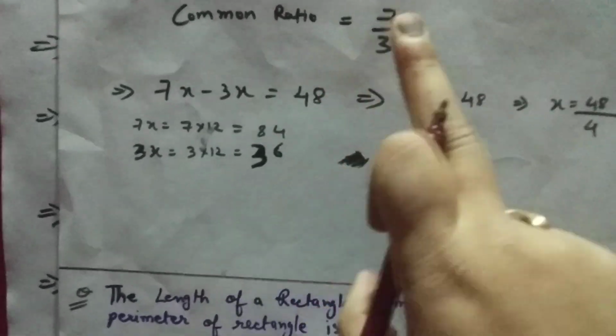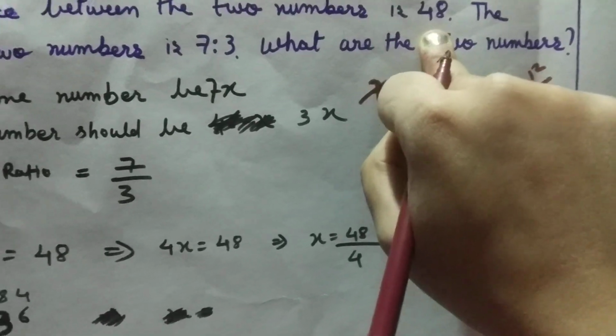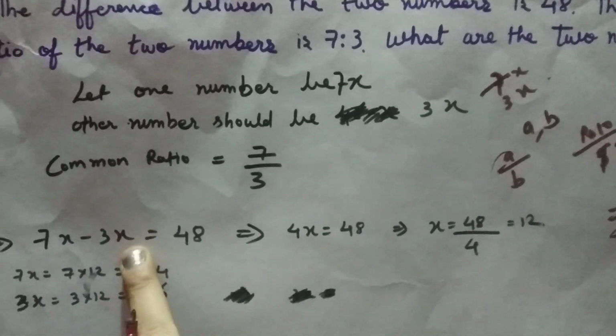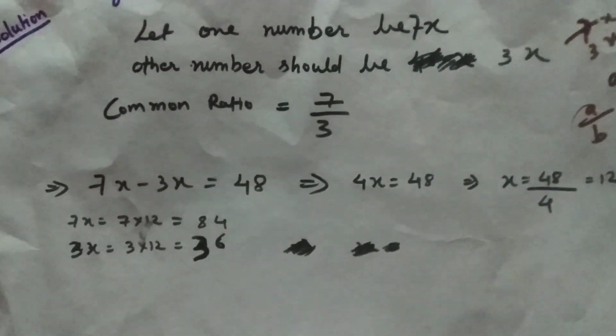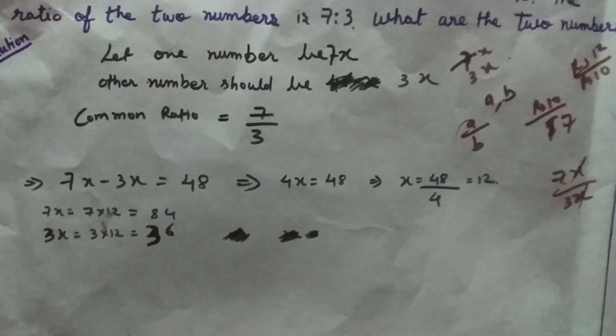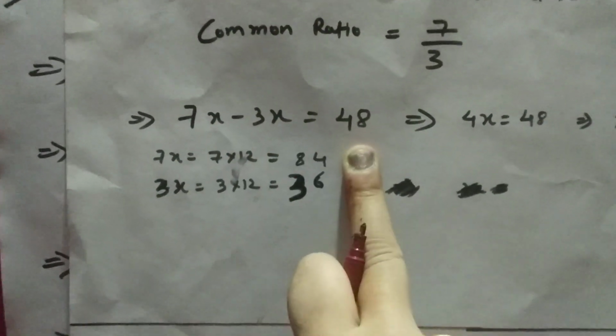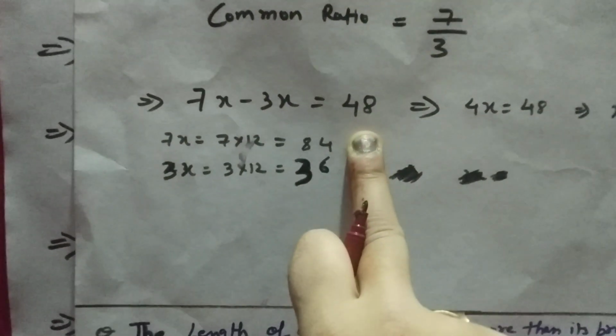Now, what is given in the question is that the difference between the two numbers is 48. That means 7x minus 3x is equal to 48. This is very simple.